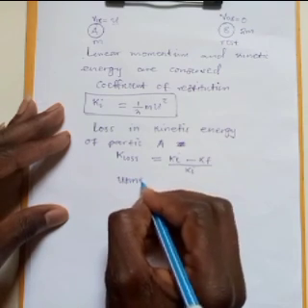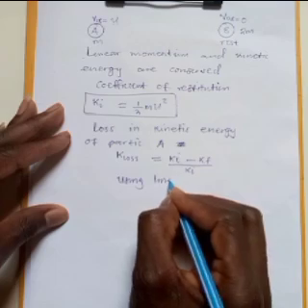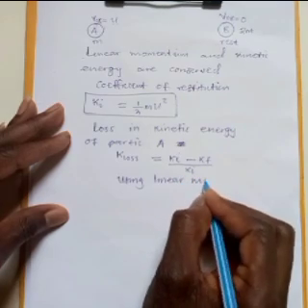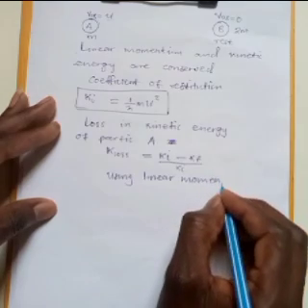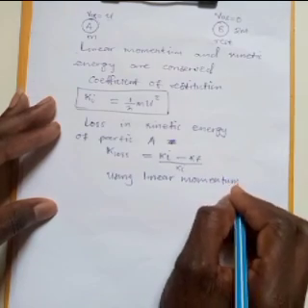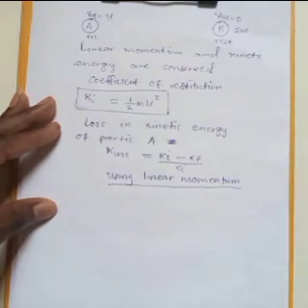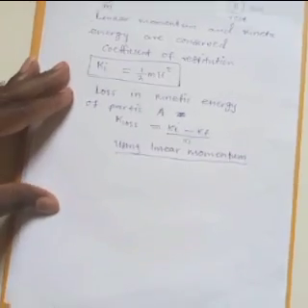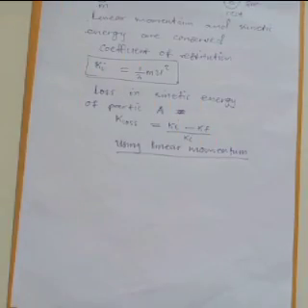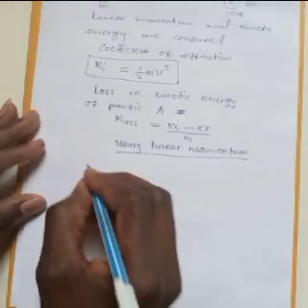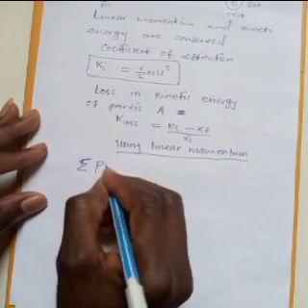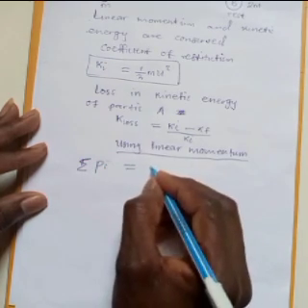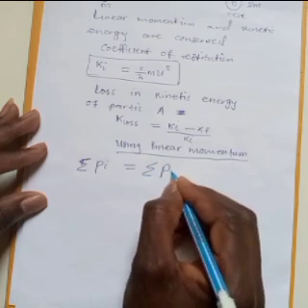So I'll say, using linear momentum, whenever I try to use linear momentum, what exactly am I going to get? You say the summation of initial momentum must be equal to the summation of final momentum.